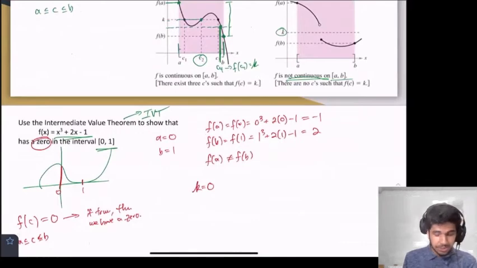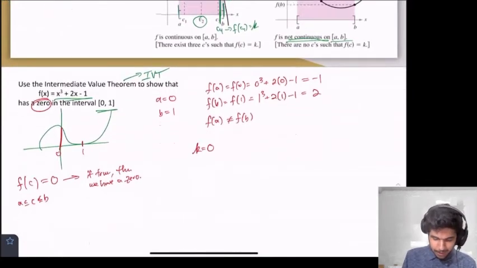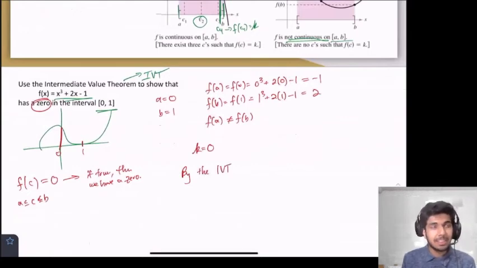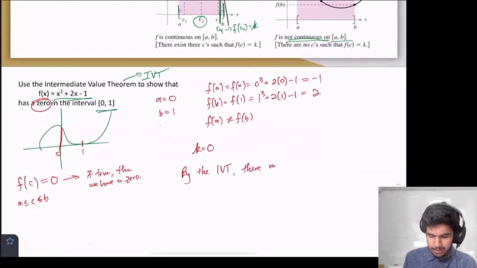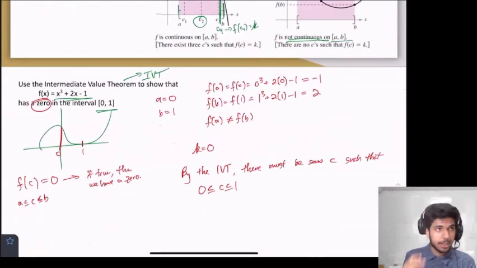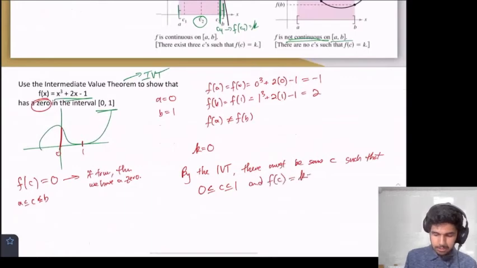Literally we can just say that by the IVT, there must be some c such that, well, first we should put some constraints on c. So 0 is less than or equal to c less than or equal to 1, right? It has to be in that range, such that f of c equals k, which is equal to 0.